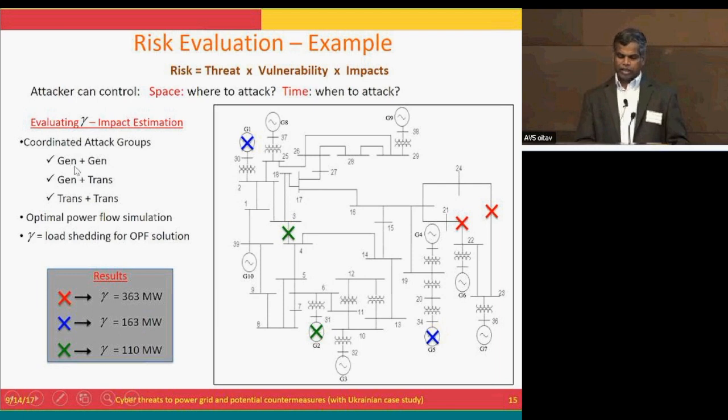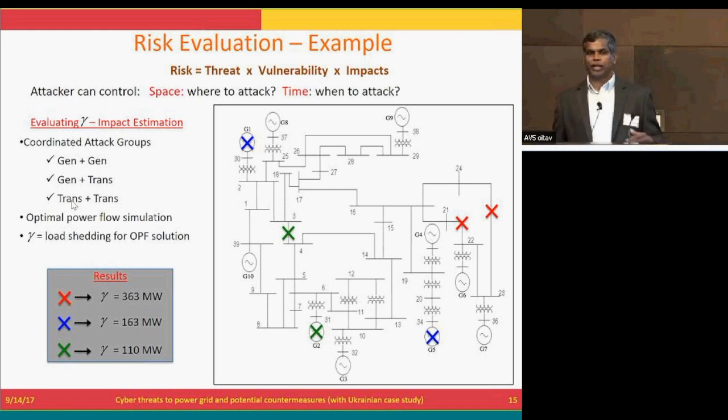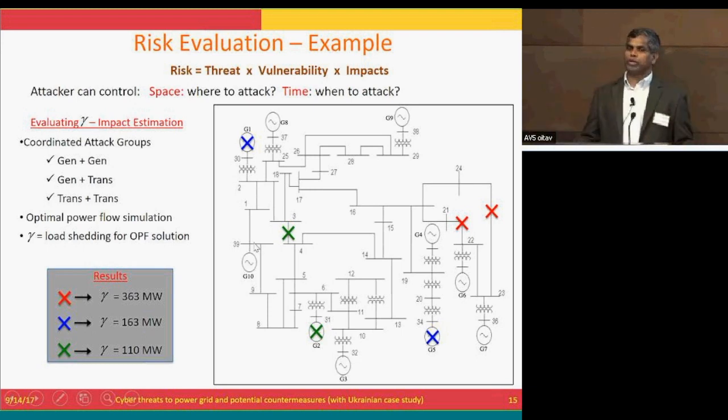Essentially, you have a coordinated attack group, 2 generators compromised. It's like N-2 contingencies, 2 contingencies at a time. Or 1 generator and 1 transmission line, or 2 transmission lines. You enumerate all possible combinations of those things. Then you find out through power flow or other means what would be the consequence.